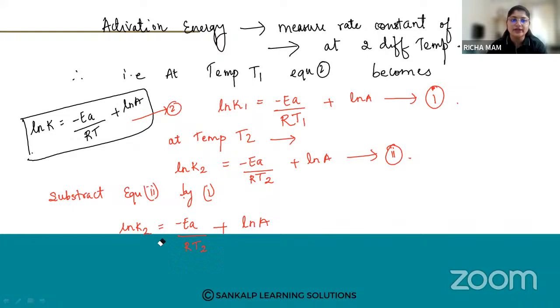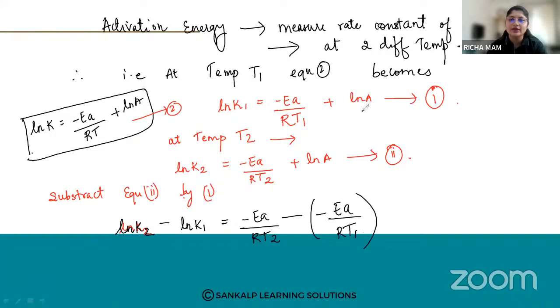I have to separate this from there, so I'll do it like this. ln k2 minus ln k1 is equal to -Ea/RT2 minus (-Ea/RT1). Here ln A is common, so it gets cancelled.